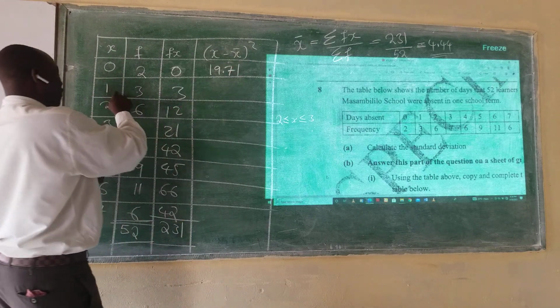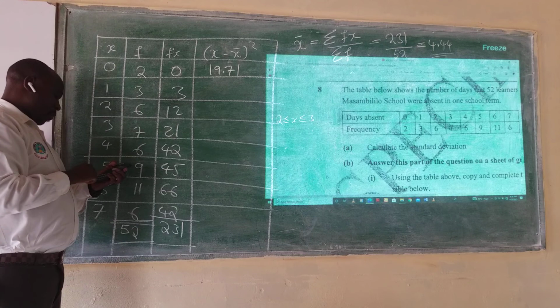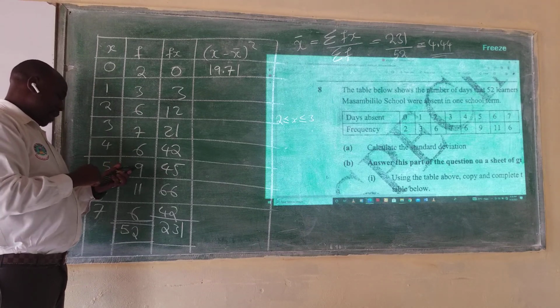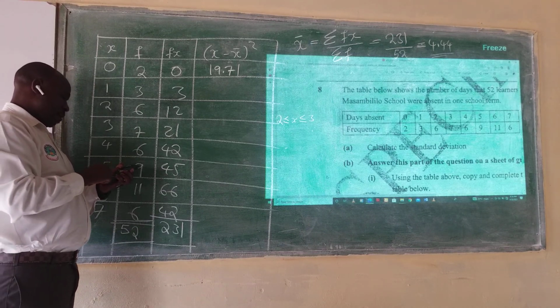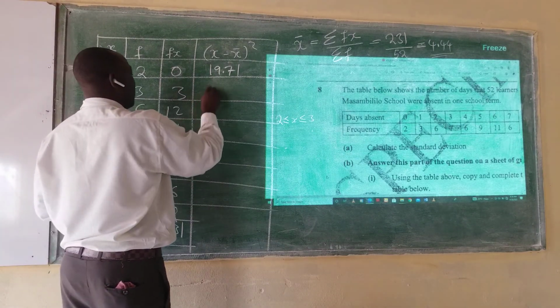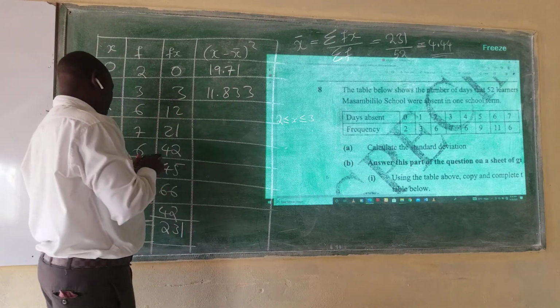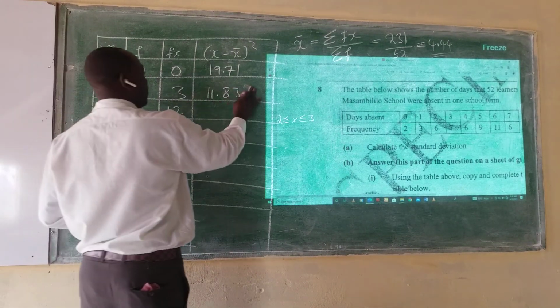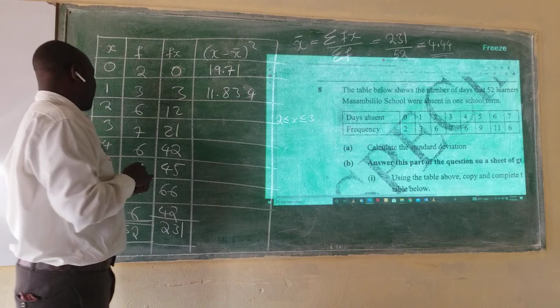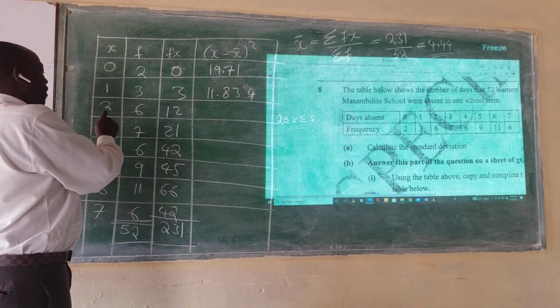19.71. We go to the next one, we open bracket, we have 1. So we have 1 subtracting our x bar, which is 4.44, close bracket, you square the result, we get 11.833. Next we go to 2.